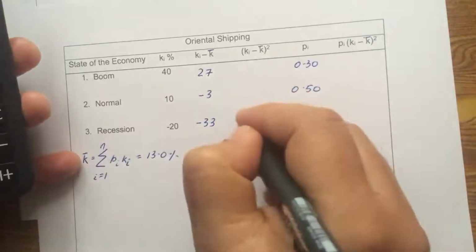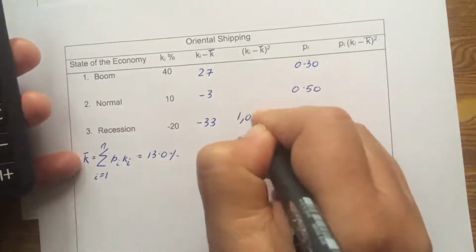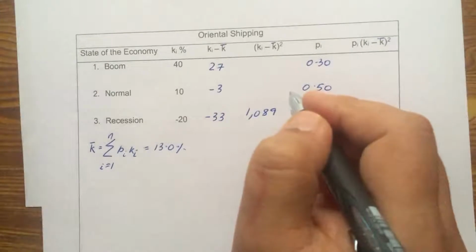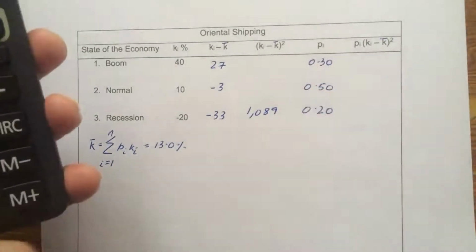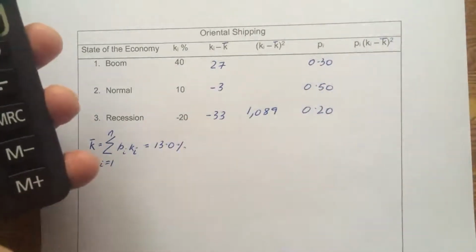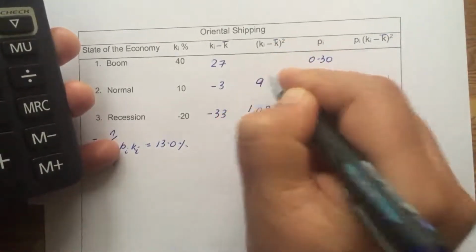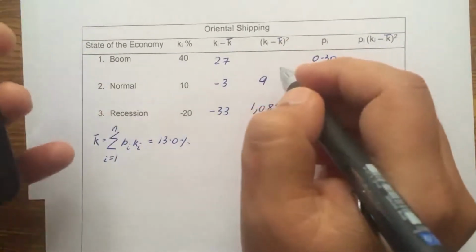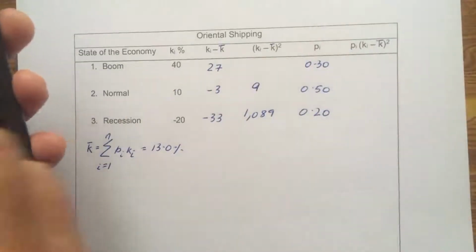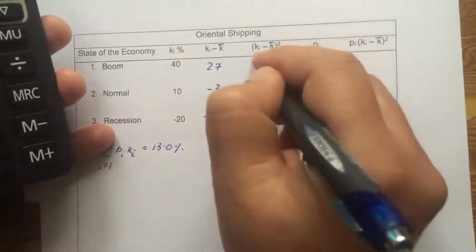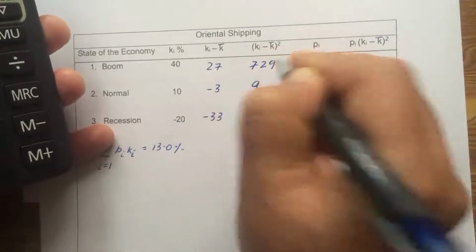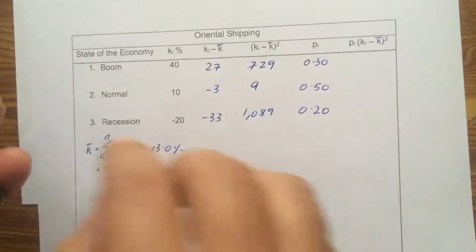Take the square of that: 729, 9, and 1089.